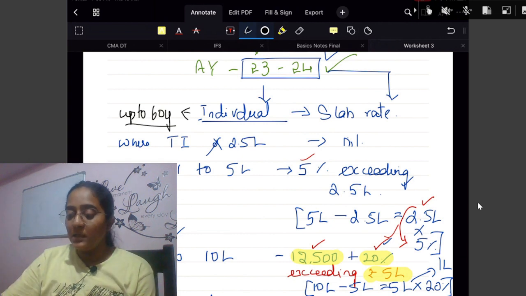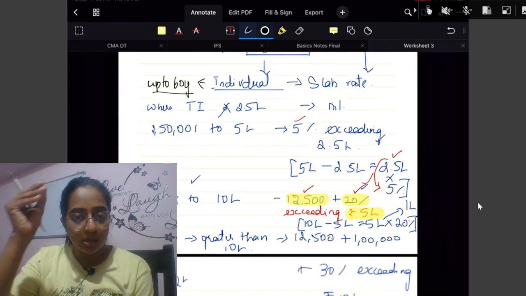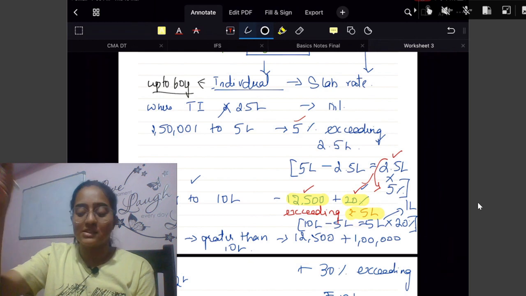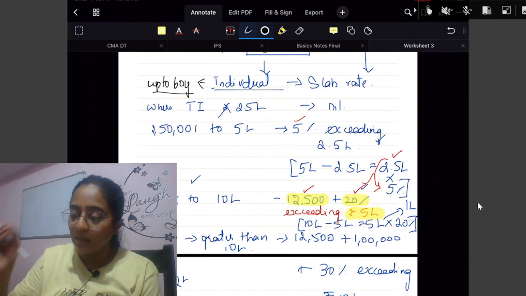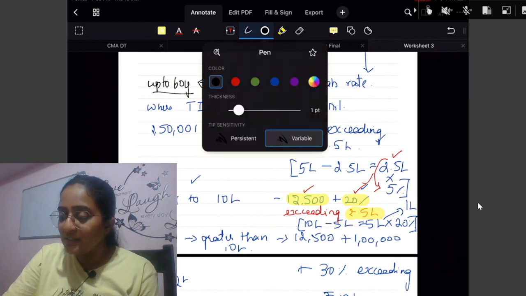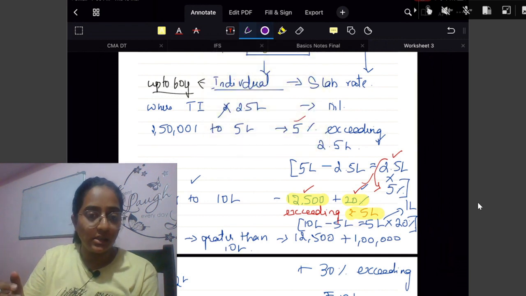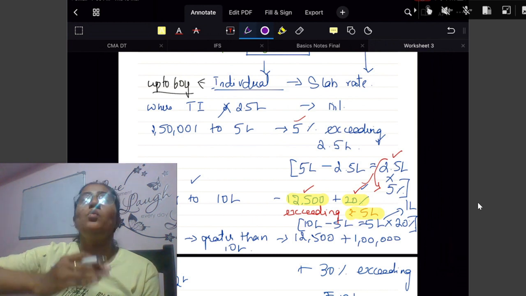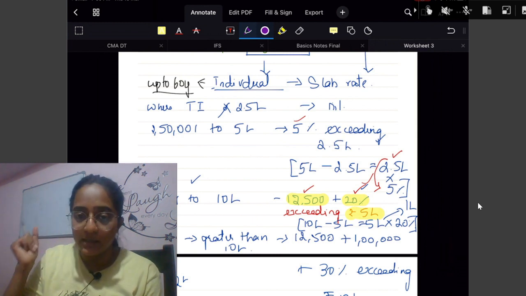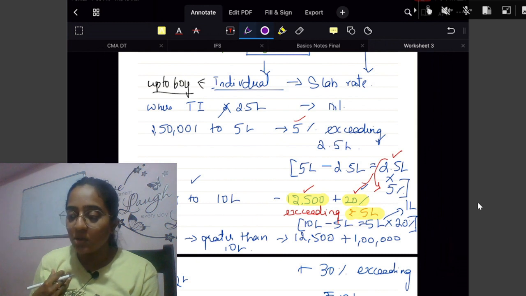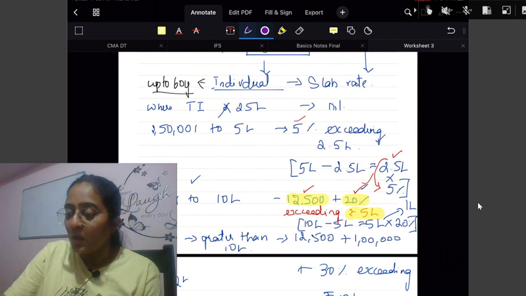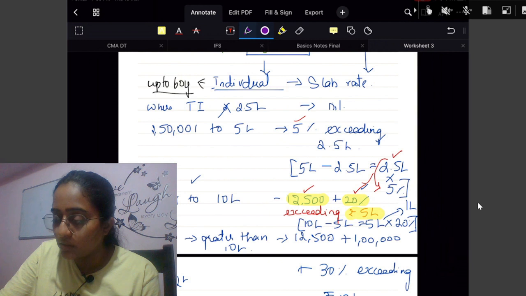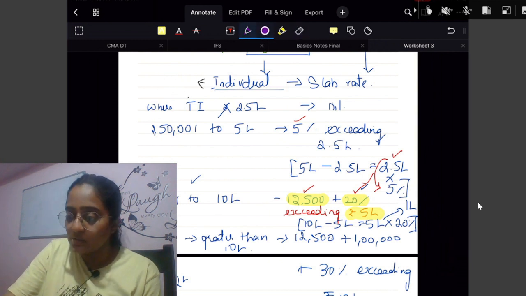What if the individual is more than 60? Let's consider 65 as my example. If he's 65 years, that is more than 60 but less than 80. Now I'm speaking about more than 60, less than 80. What is the difference?